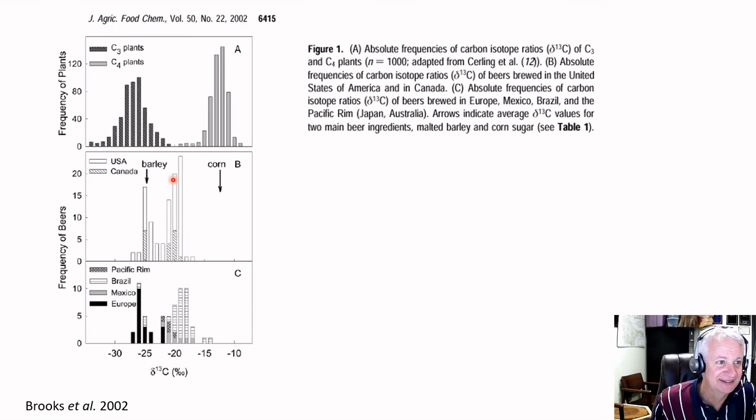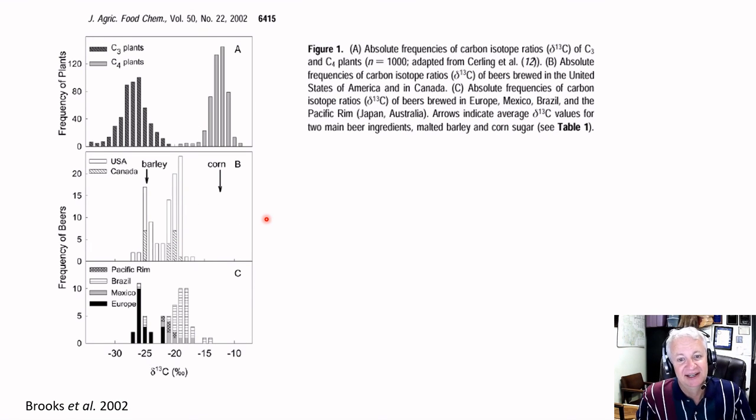And what you can see is that USA beers tend more in this direction. Basically cheaper beers, they add corn sugar to the beers in the fermentation stage because it's cheaper. Higher quality beers tend to be almost exclusively barley, and they would have a carbon isotope discrimination signal here.